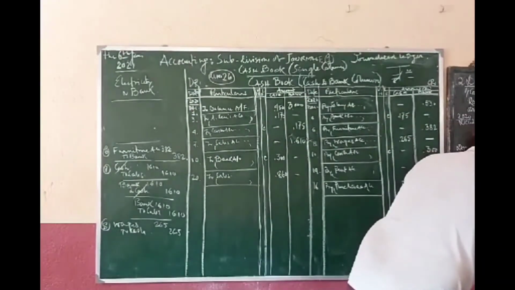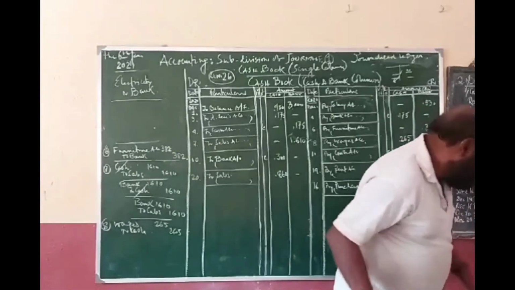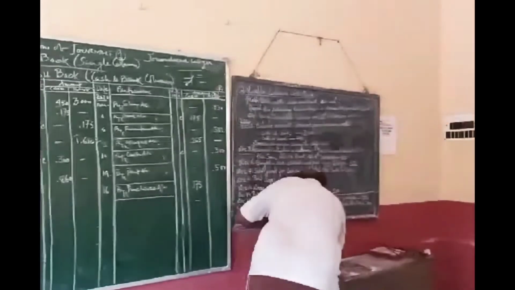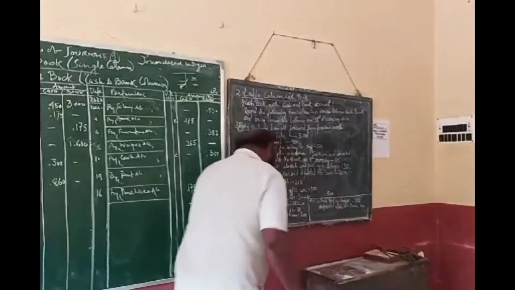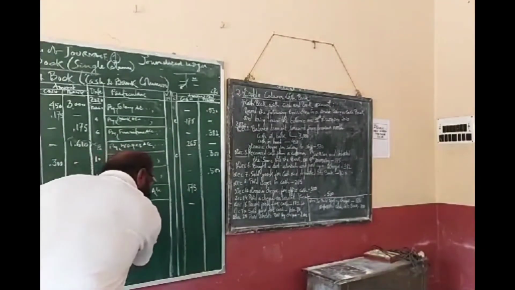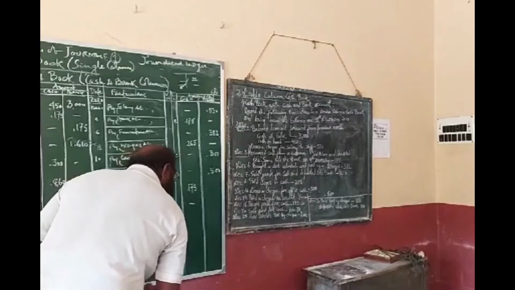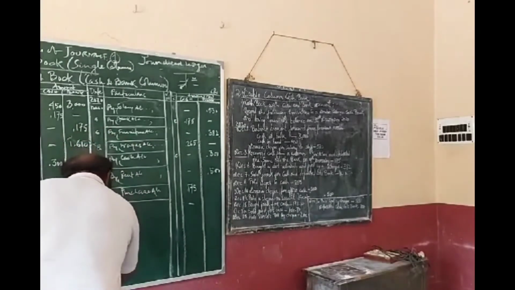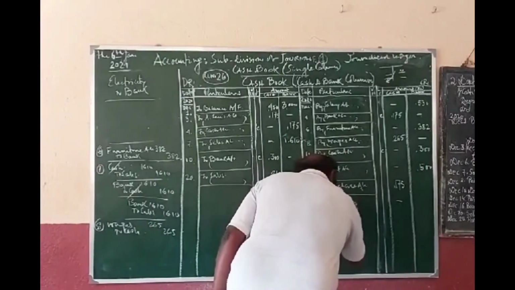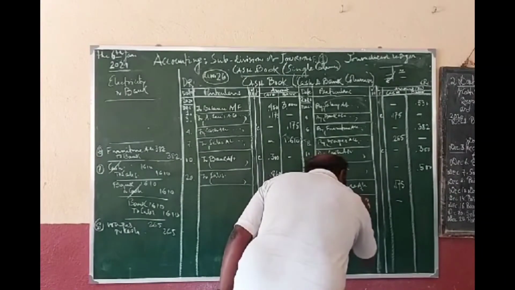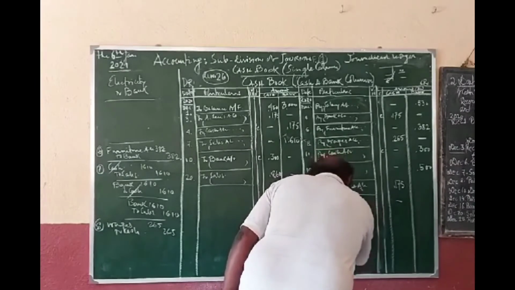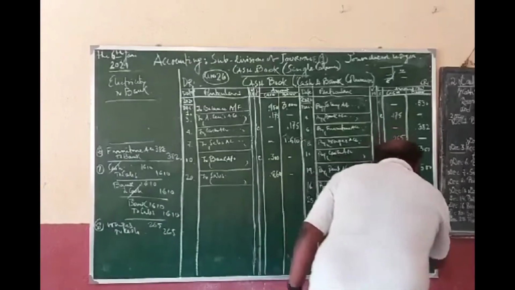The figure is say 200. By electricity account, the check paid for electricity. It is 200.